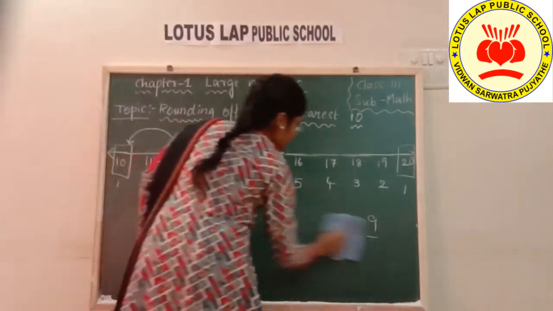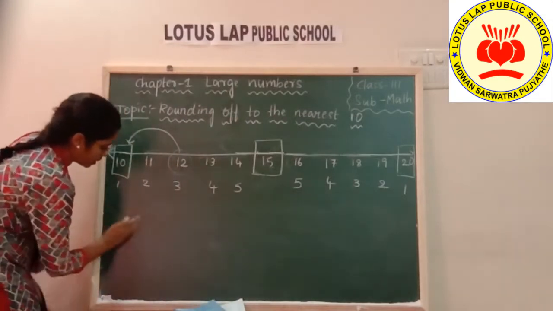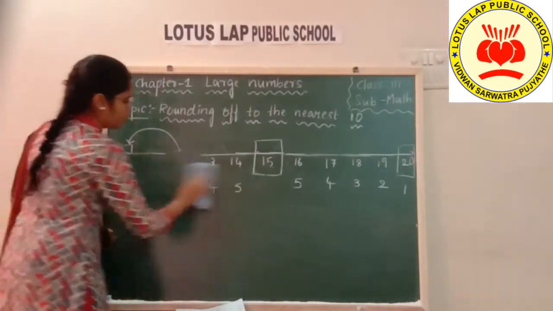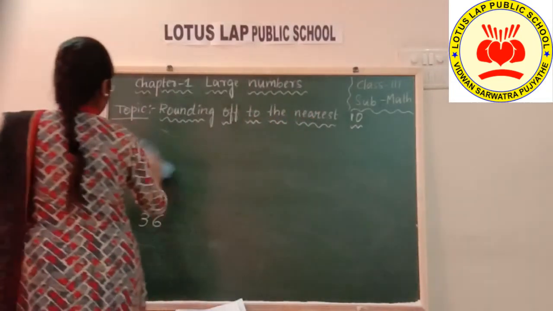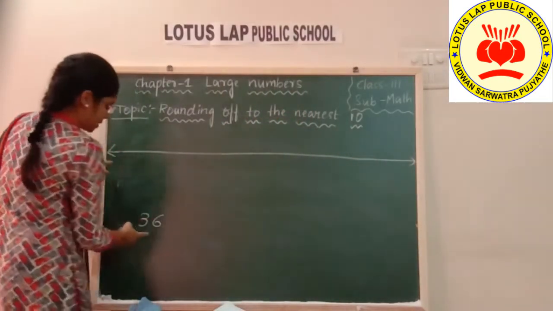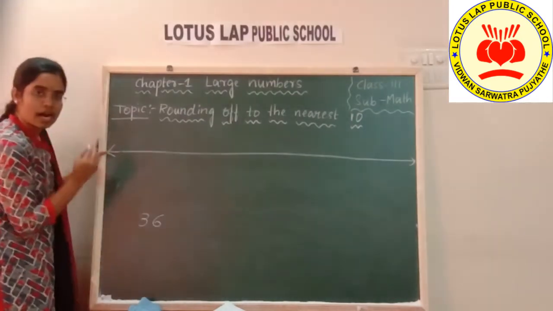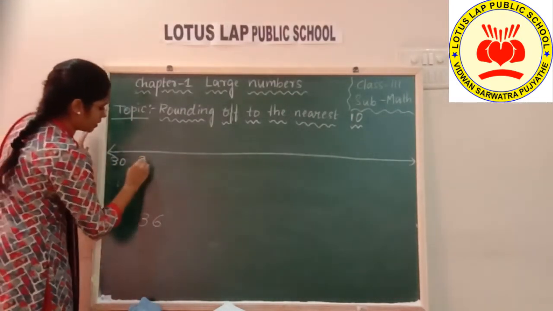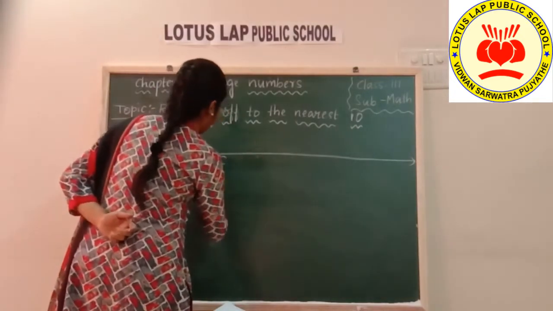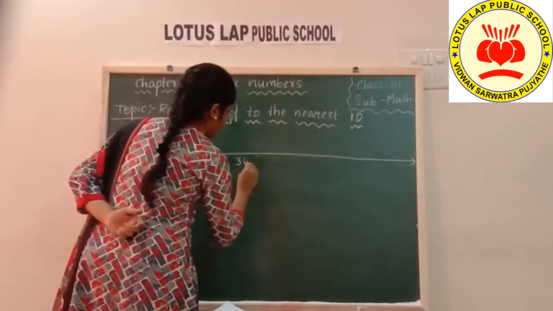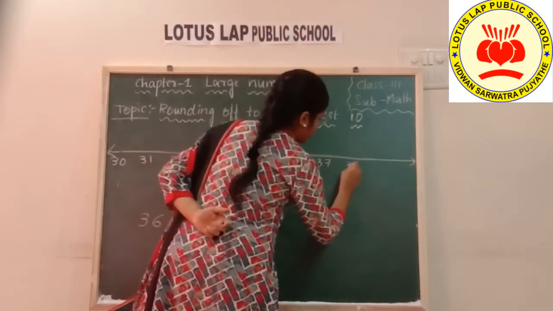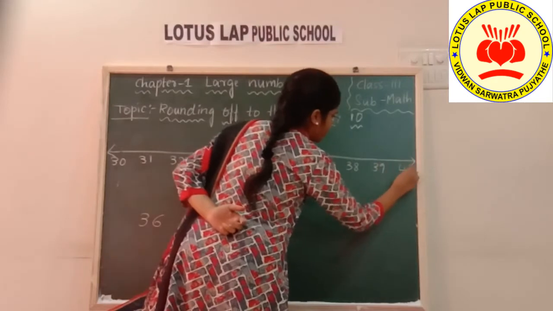Let us see a few more examples. Now I am taking a number 36. Let us have a number line. Here I am taking a number line, children. For 36, the series should start from 30. 30, 31, 32, 33, 34, 35, 36, 37, 38, 39 and 40.